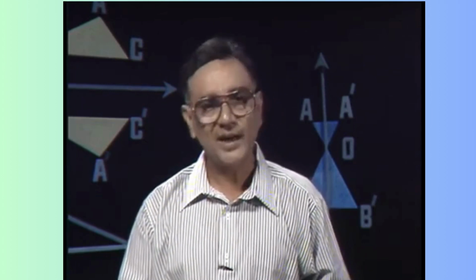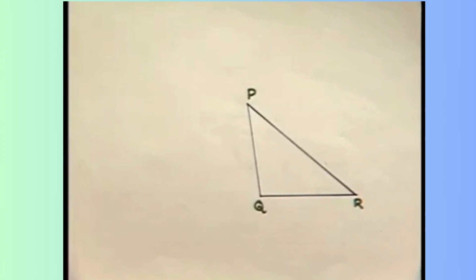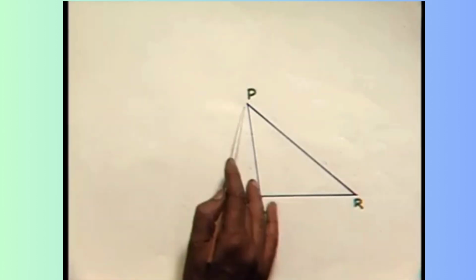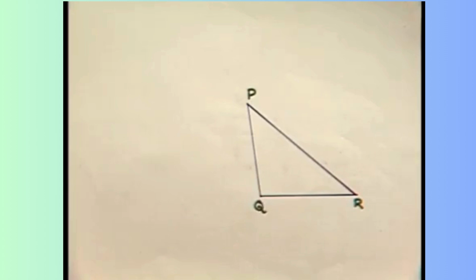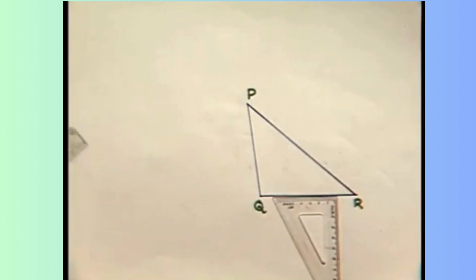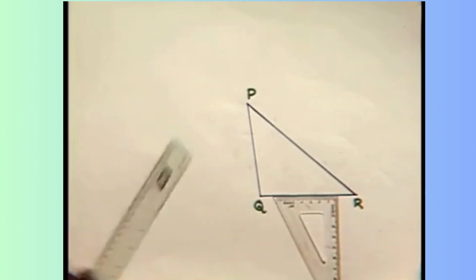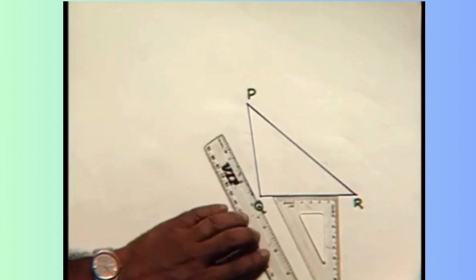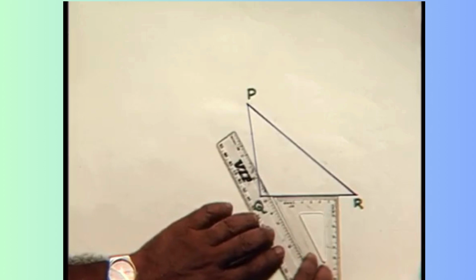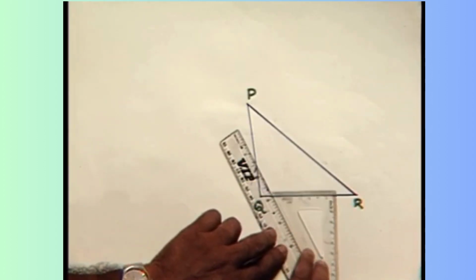Now, let us take a triangle PQR, and in this triangle I am constructing a side parallel to QR. For this, we will keep the set square like that, covering this side, and then so that the set square may not get disturbed, we will hold it with this scale and keep on moving it up.